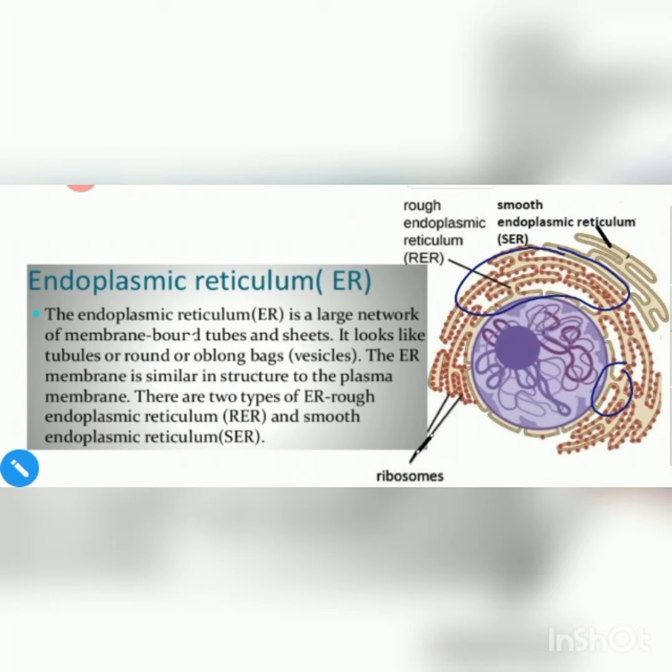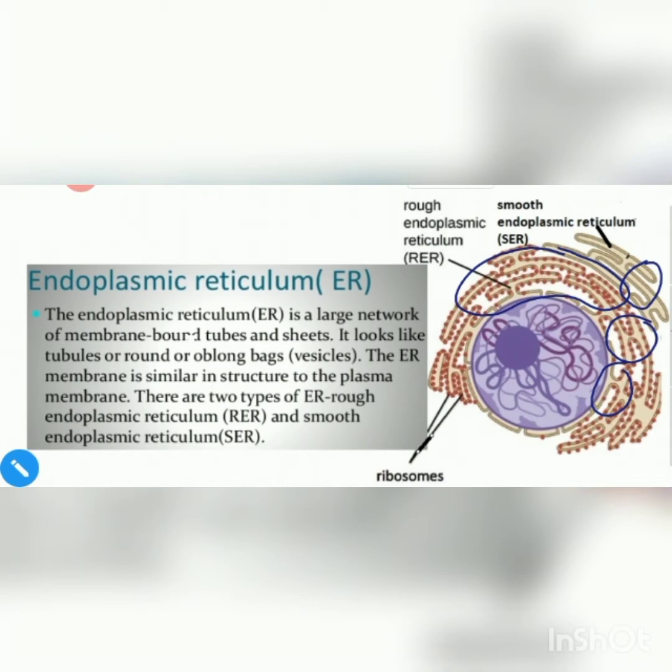Now, the endoplasmic reticulum, as you can see here, some of them are rough while the others are smooth. So, the endoplasmic reticulum is of two types, the rough endoplasmic reticulum and the smooth endoplasmic reticulum. When you look under a microscope, you can see that some of the endoplasmic reticulum will have a rough surface and the others will be smooth.